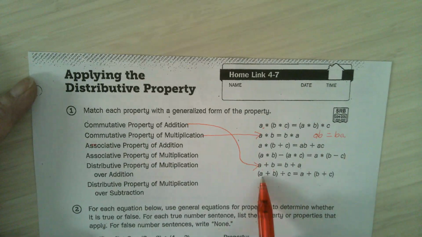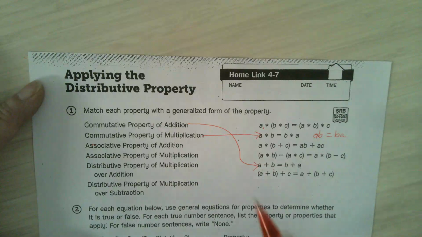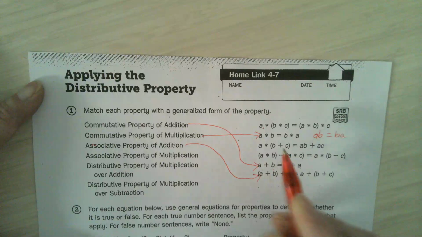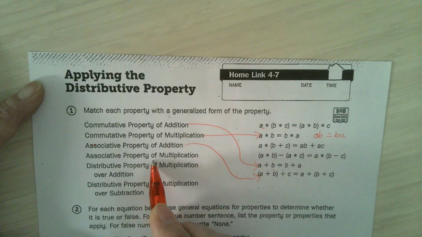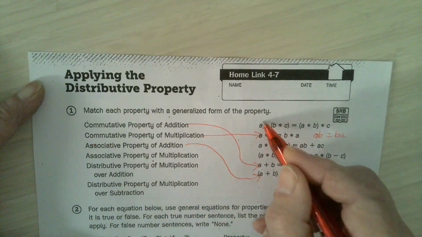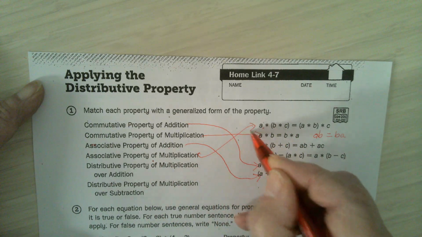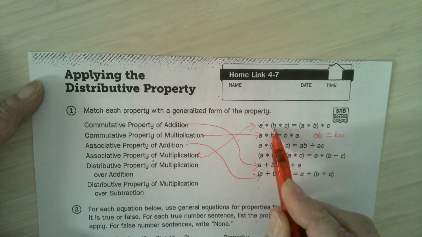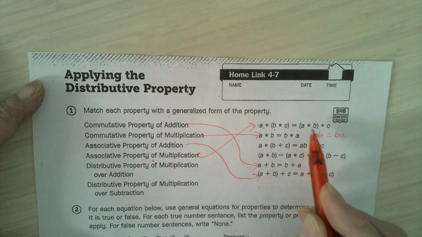No. Did the parentheses move? Yes. That's the associative property for addition. And the associative property for multiplication will be this one up here. ABC, ABC. Parentheses around BC, then they move to AB.